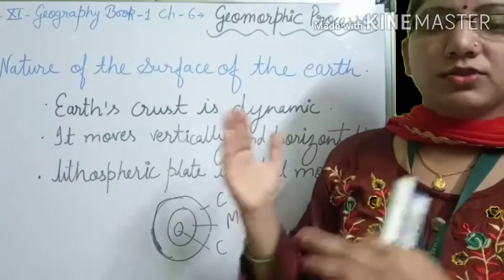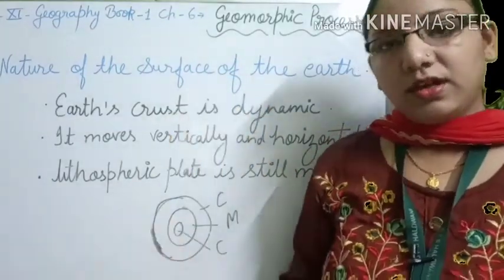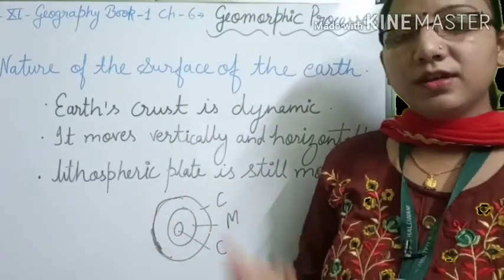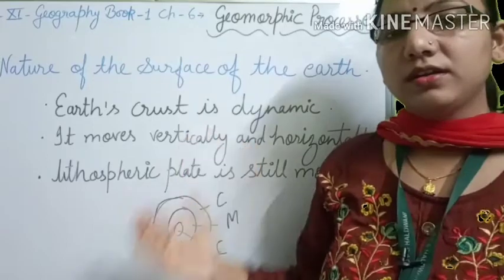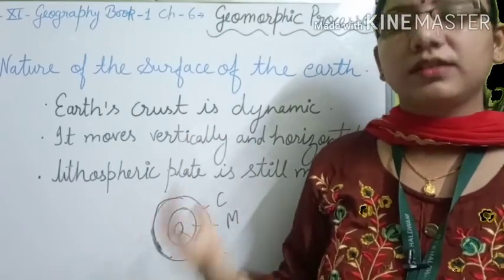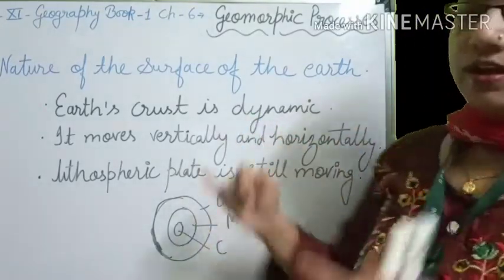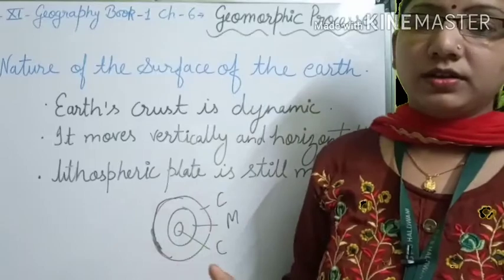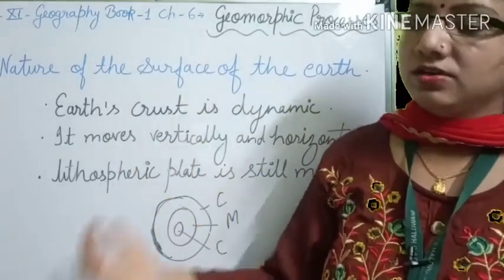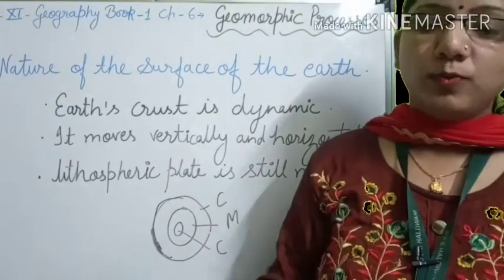According to some geologists, at that time also the earth and its plates were moving, and still they are moving, but the movement occurring in the earth surface is only a few millimeters in a year. So students, the lithospheric plates of the earth are still moving, but this movement is very slow, and the lithosphere is divided into two parts.